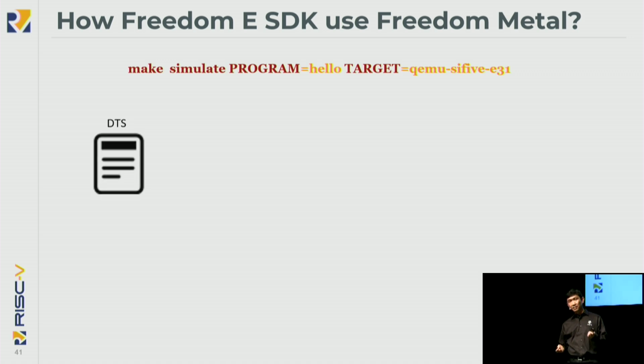One typical way of representing that is through a DTS. A DTS file has already been used within the Linux community. It has a spec, and I guess it is well adopted in the community already.